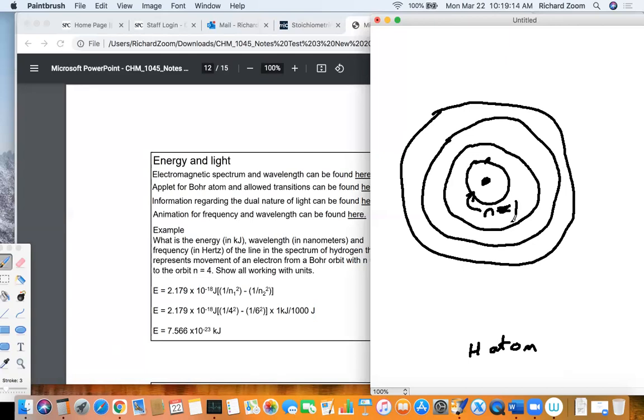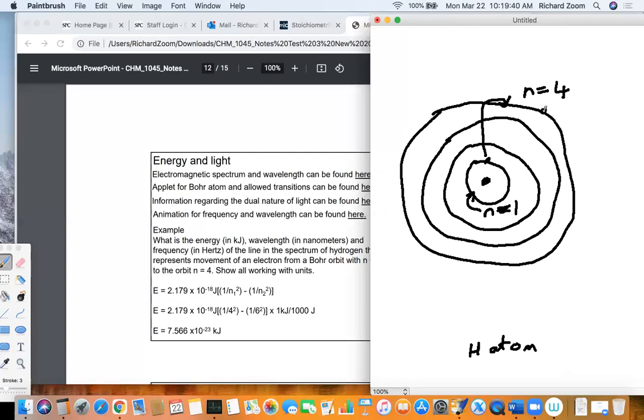It's an infinite number of these. And what can happen is that we can put energy in, and the electron can go out to, say, n equals 4, this would be 1, 2, 3, 4. And we can excite this electron and put it into the n equals 4 energy level.